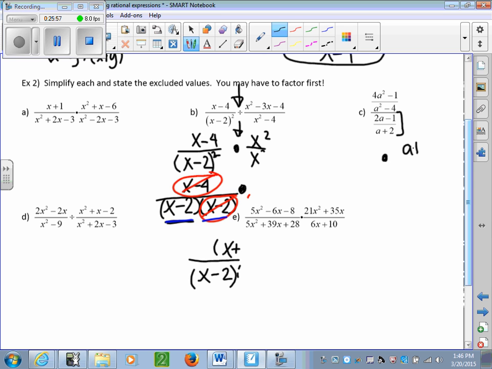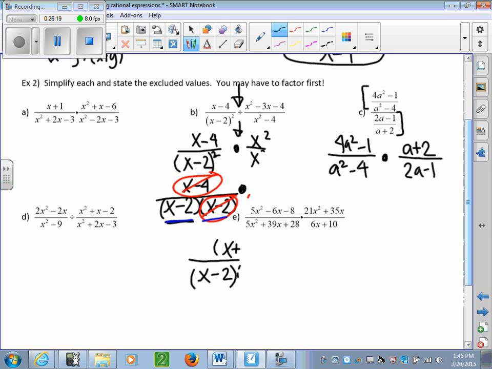So I will have an a plus 2 in the numerator, divided by 2a minus 1 as my denominator. The top fraction here, my numerator fraction, doesn't change. So I have 4a squared minus 1 over a squared minus 4. All right. So first thing I want to do is try and simplify this.